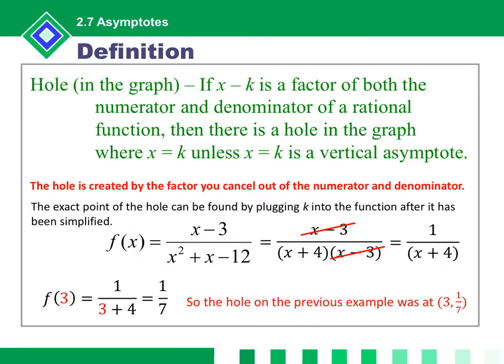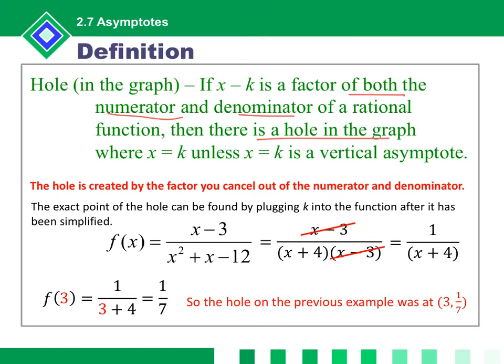So here, let's define a hole. If x minus k is a factor of both the numerator and denominator, and note here we are saying of both numerator and denominator, then there is a hole in the graph. A hole is created when you cancel out the common factor.